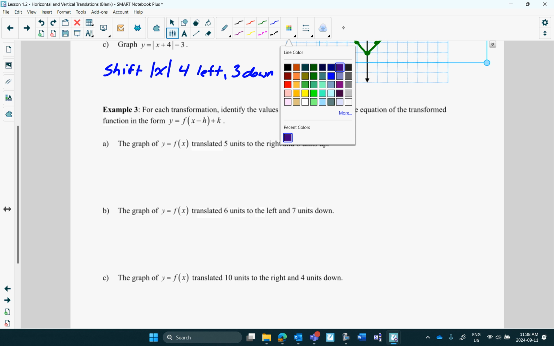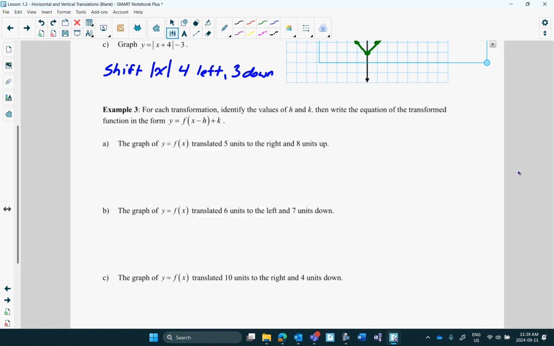Okay. So let's say we've got a function here called f of x. I have no idea what its shape looks like. I don't care. All I know is I'm taking this and I'm moving it 5 units to the right and 8 units up.